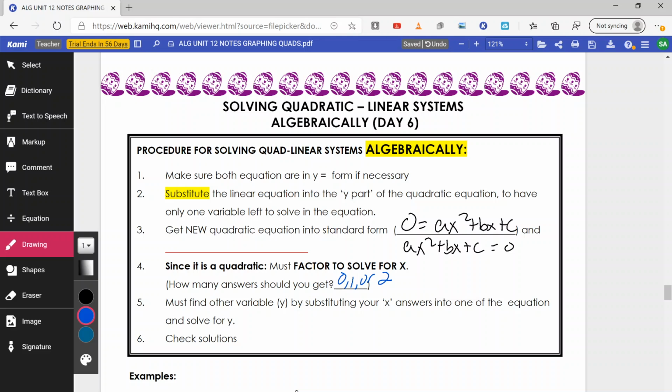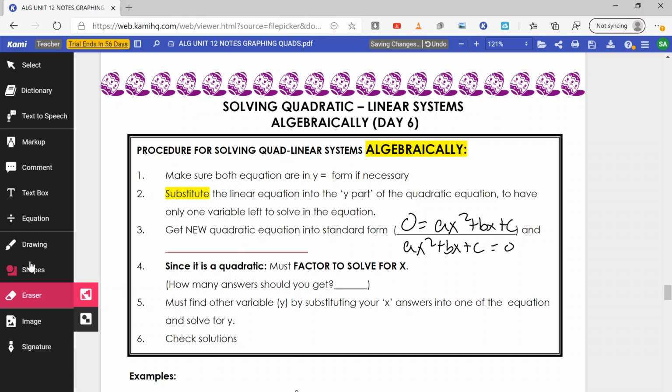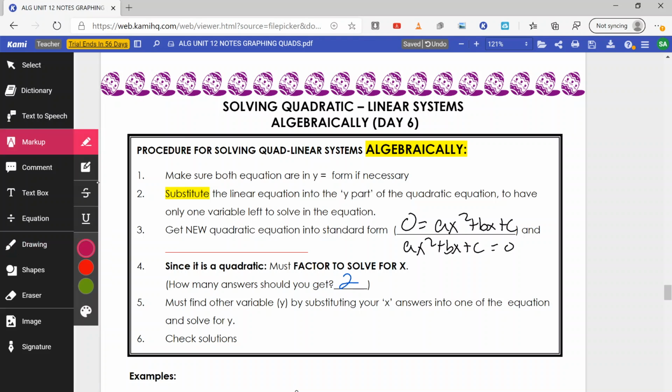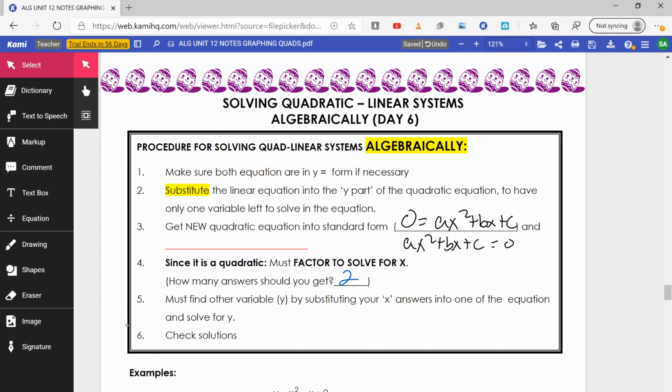Because we end up with an x squared, we're going to end up with 2 different x values. So what we're going to do is substitute those 2 different x values into one of the equations and solve for y. Now, the linear equation is going to be the easier of the 2 to solve for.